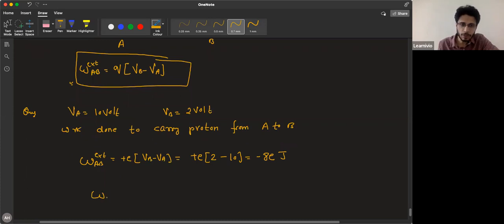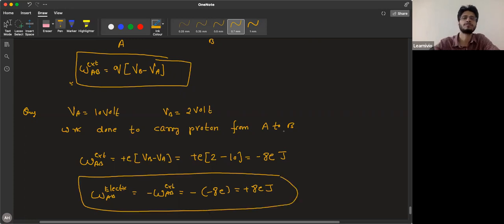If I ask you to calculate the work done by the electric field for the same case, then the work done by the electric field is just the negative of the work done by the external force. So that's minus of minus 8e, which is plus 8e.